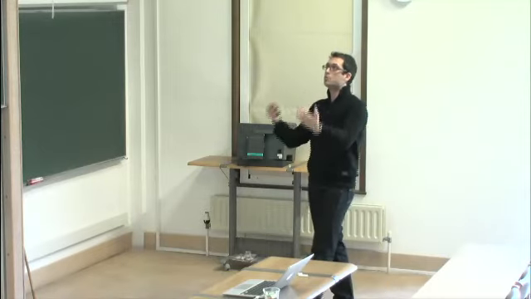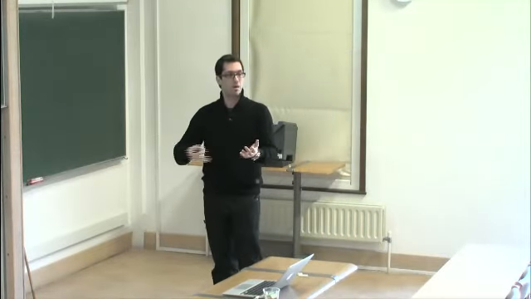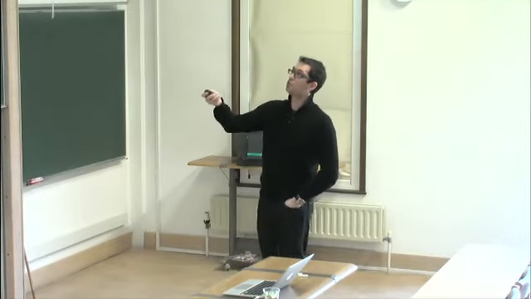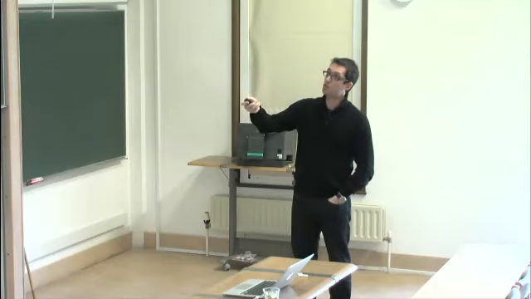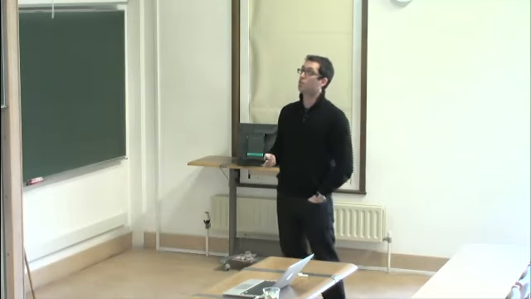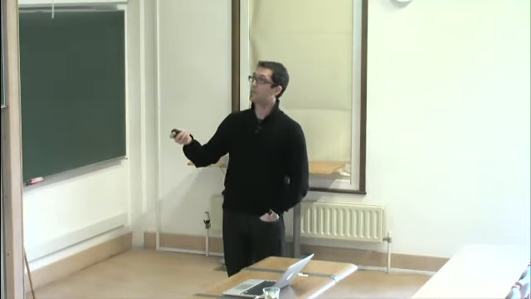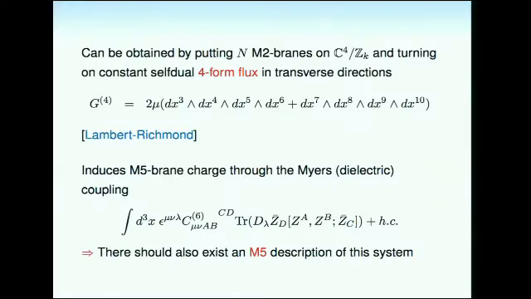Instead of taking N M2 branes on a C4 mod Z_k background and looking at the effective theory, you can do that by the addition of turning on a constant self-dual 4-form flux in the transverse direction. So you turn on this G4 flux in 11 dimensions, you see that its magnitude is proportional to the mass deformation parameter mu. You look at the low energy theory in this case, and there you go, you just get exactly the mass-deformed version of ABJM theory. This is a very nice way of looking at this mass-deformed ABJM theory.